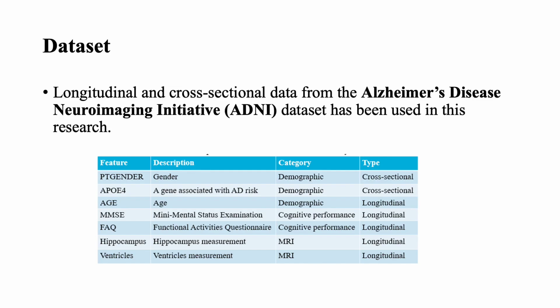To evaluate our model, the Alzheimer's Disease Neuroimaging Initiative dataset has been used. The dataset is cross-sectional and longitudinal data from three different data modalities, which are demographic, cognitive performance, and magnetic resonance imaging data.